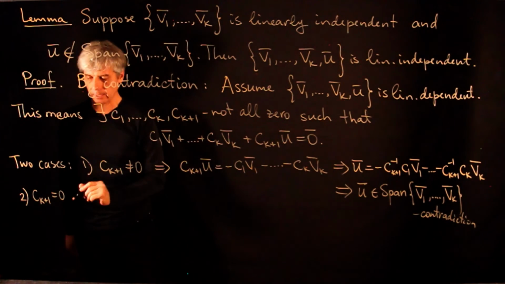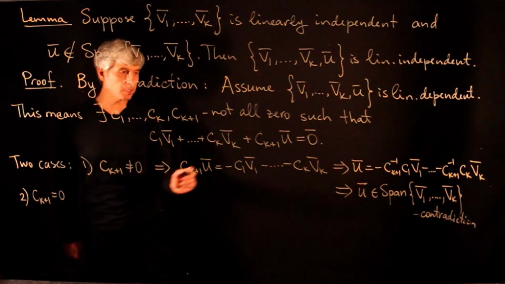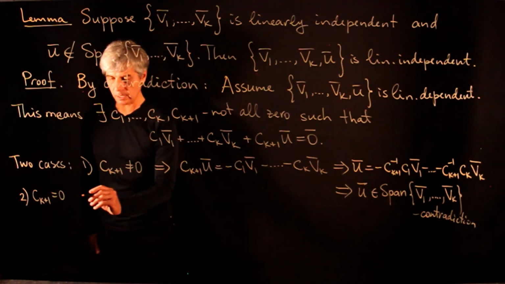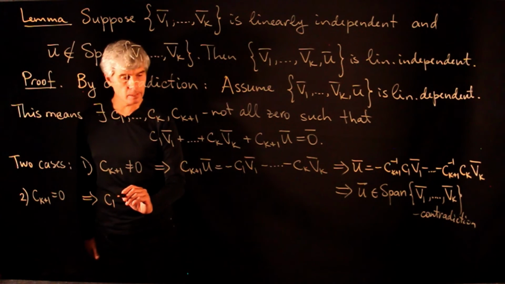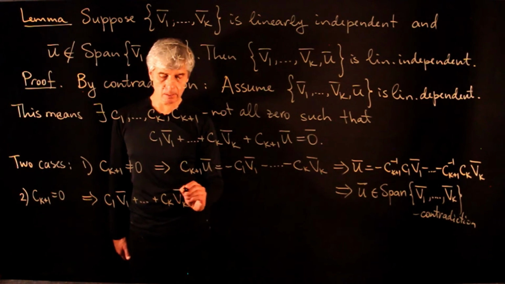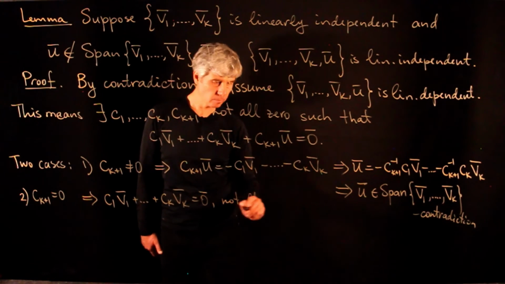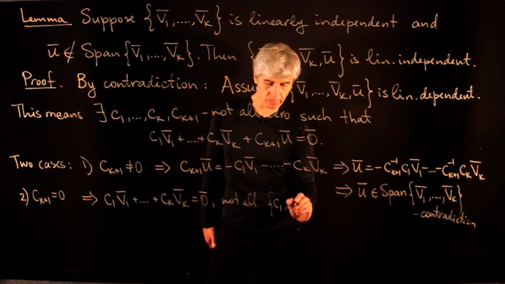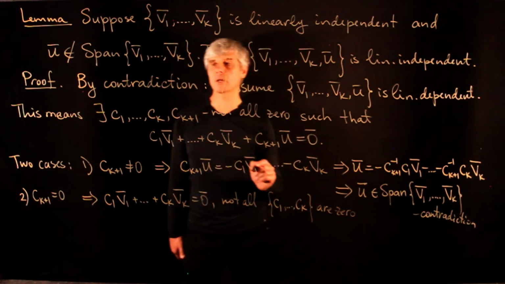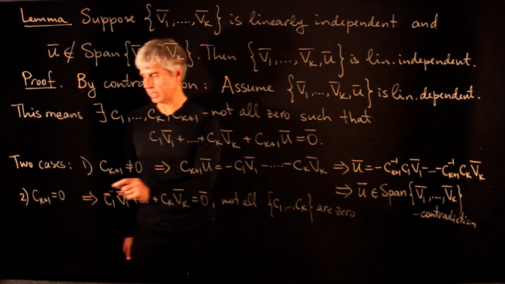Now, let's consider the second case, if ck+1 is equal to 0. Then in this equality we can drop the last term. So c1 v1 plus ... plus ck vk is equal to 0, and not all constants c1 through ck are 0, because we assumed that not all of these constants are 0, but ck+1 is 0.